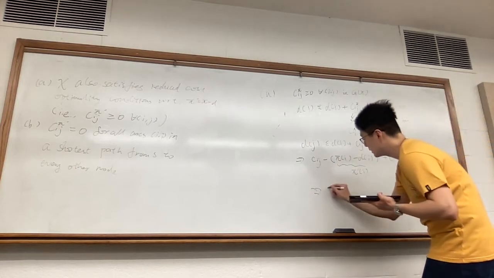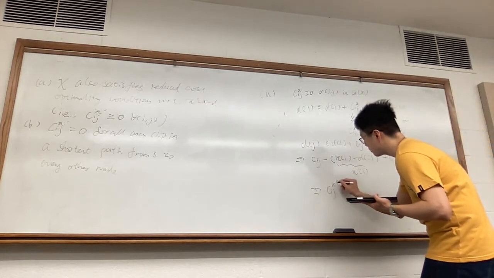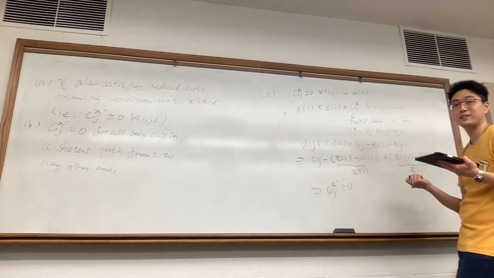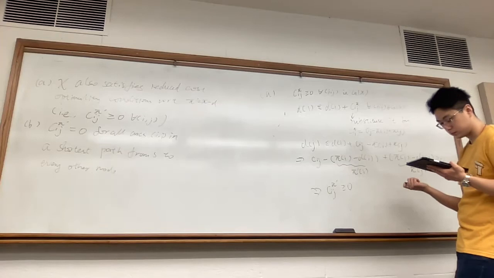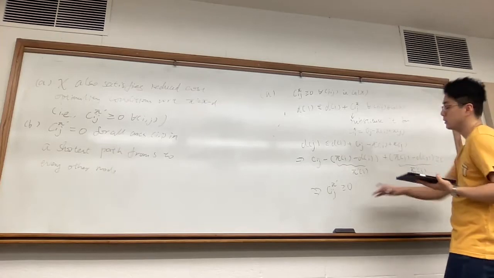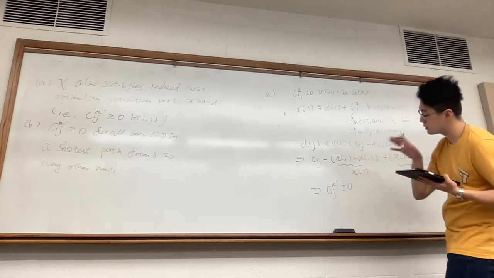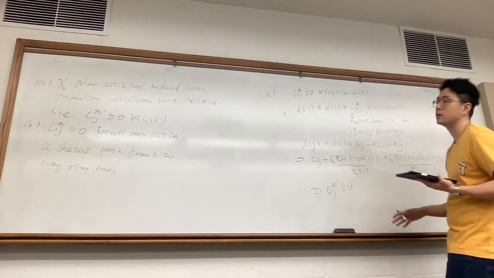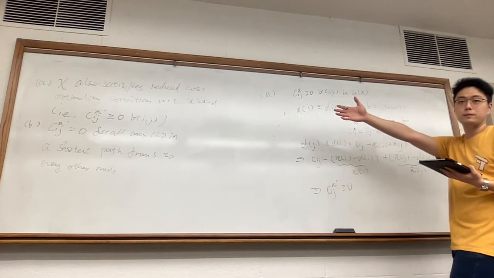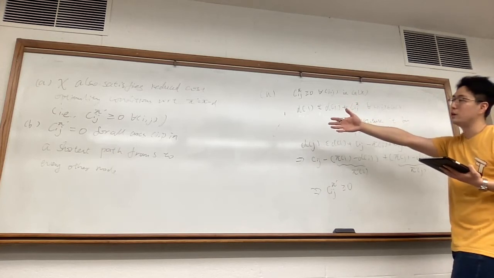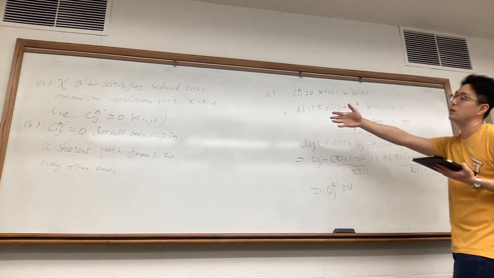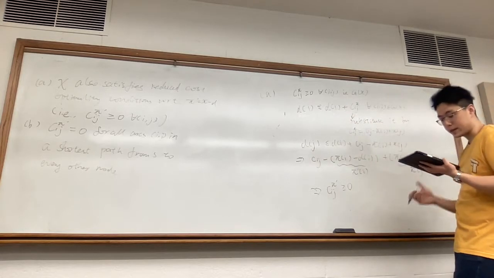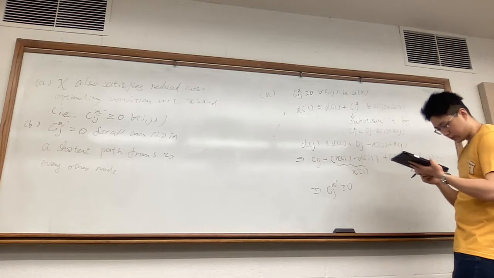We can say that Cij pi prime is greater than or equal to 0, right? So if we find Cij pi prime is greater than or equal to 0, then A is shown. That's to say the optimality conditions also hold with respect to pi prime equals pi minus d. Okay, so that is for A.